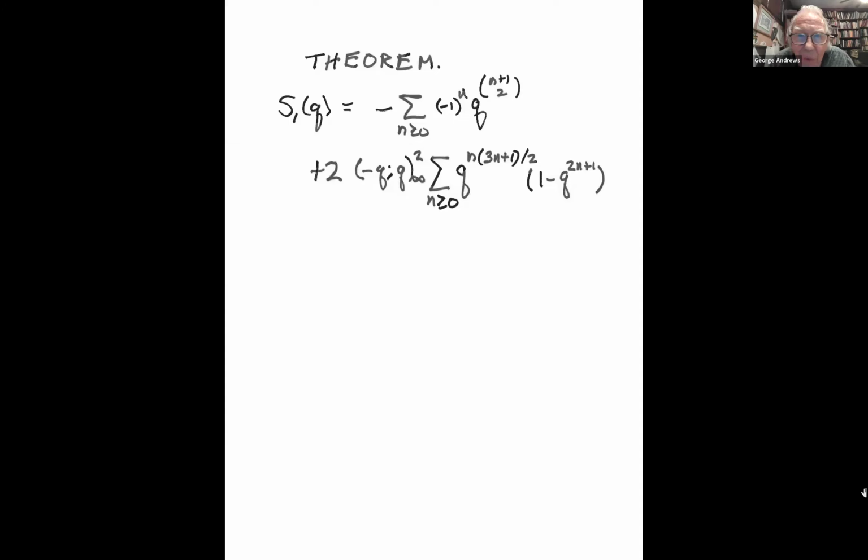It's a little more down in the weeds, but it's such a beautiful result that I want to describe it for you. The aficionados, I hope, will be able to follow the proof, but basically it's the style of proof that Ramanujan used extensively in his Lost Notebook.